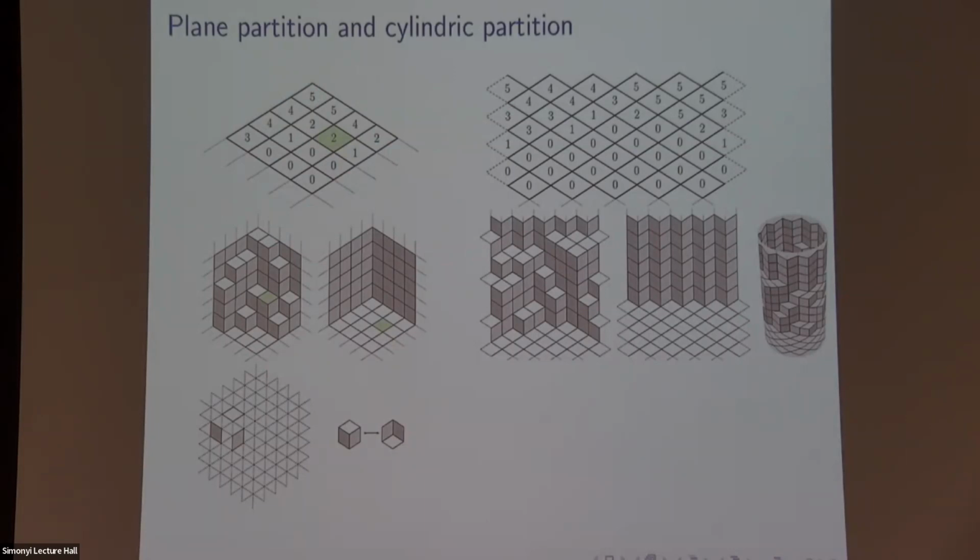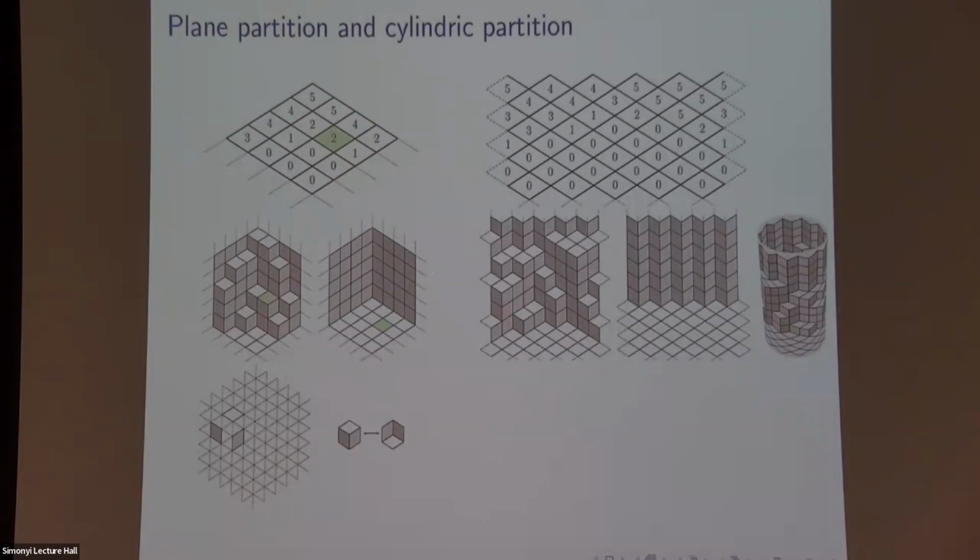And each plane partition can be seen as a stack of boxes in the corner of an infinite empty room. I hope it's clear that this is a 3D picture. So now I think about this picture just as a corner of the infinite room. And then we can stack a finite collection of unit cubes in a convex way, and they correspond to the plane partition.